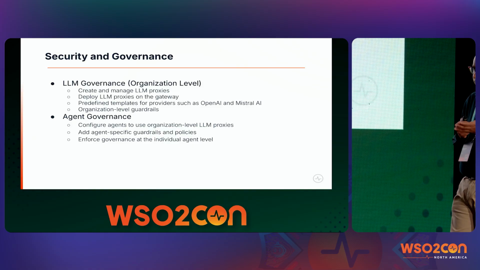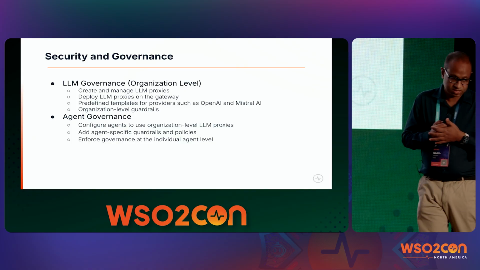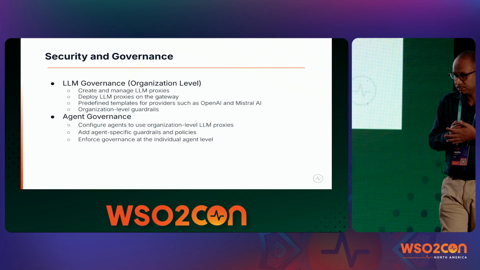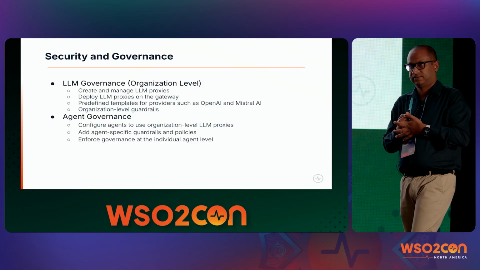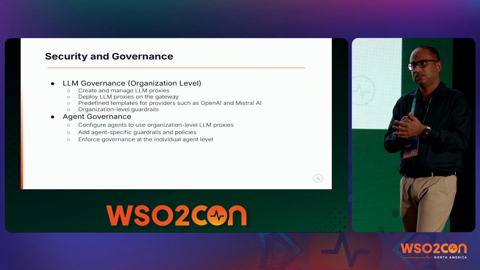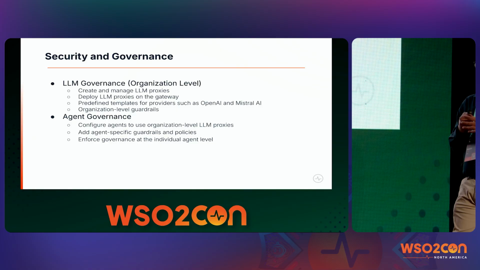This is part of the AI gateway, and there are templates for creating these proxies. And then at the organization level, you can add guardrails. So this is the organization-level governance of LLMs.